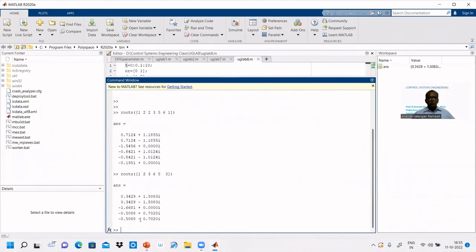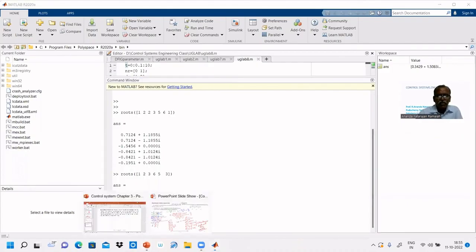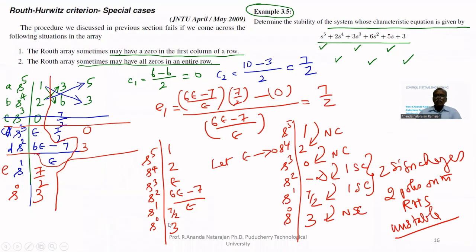Only two roots have positive real part. Therefore, two roots on the right hand side. So what we found in Routh-Hurwitz is correct. Two poles on the right hand side, therefore unstable.